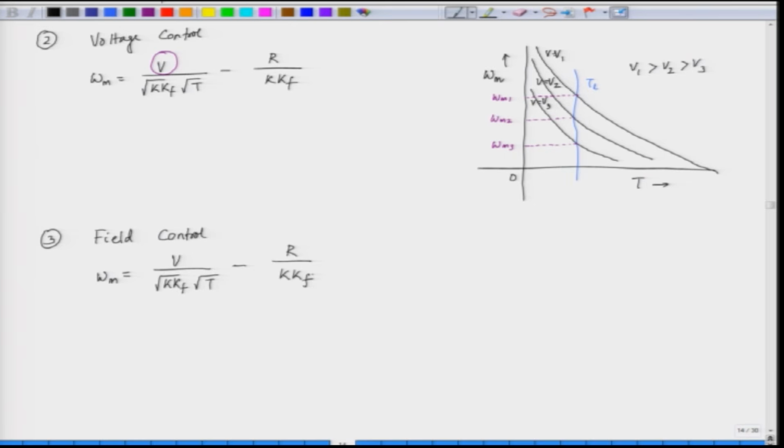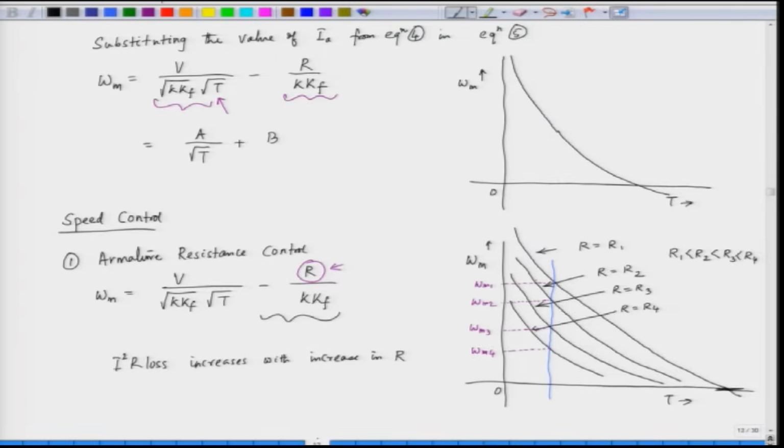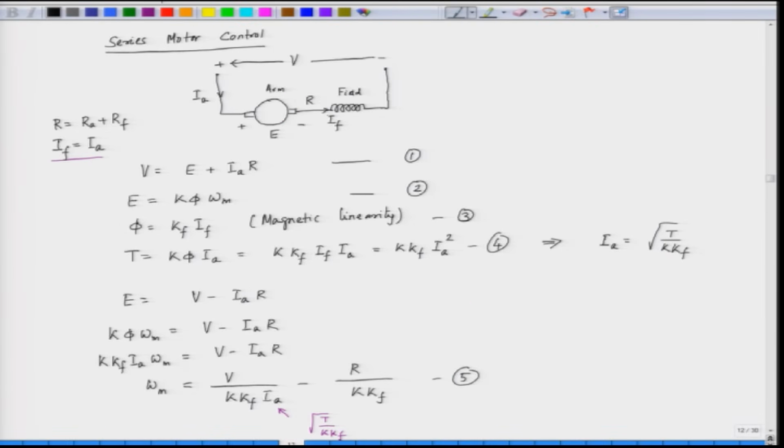Now, what do we mean by field control? We have the field in series with the armature. If you see the circuit of the motor, here the field is in series with the armature. So, by meaning of field control, we use a diverter resistance to reduce the effective field current.